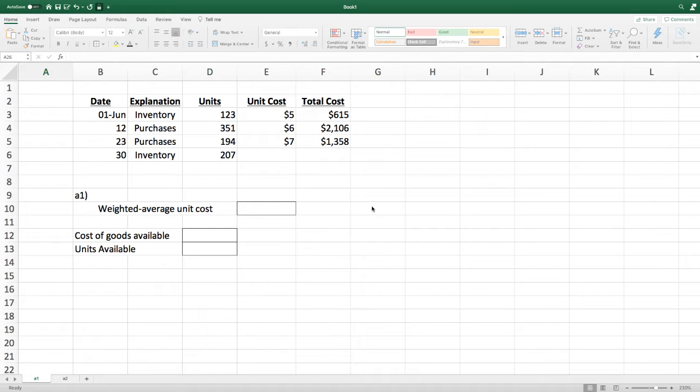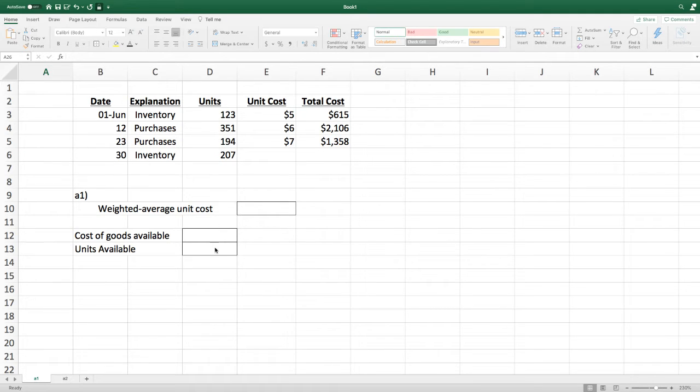Right now we are looking at this and we want to calculate our weighted average unit cost. So we're going to need our units available and cost of goods available. Without paying attention to the remaining inventory of 207, we are going to take our number of units for these three inputs here and find the sum of those.